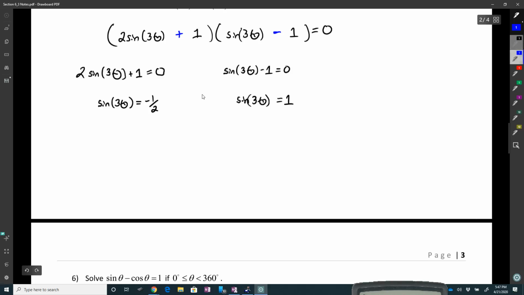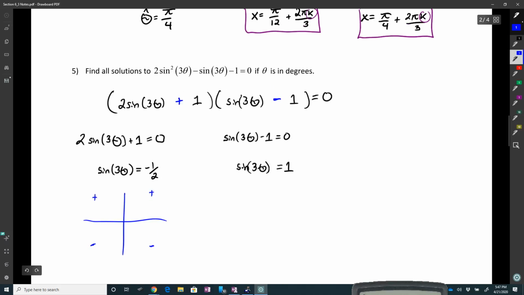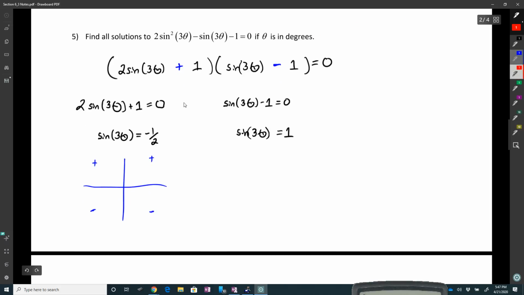All right, so let's go ahead and look at our answers here. So sine is 1/2 at, are we in degrees? Yeah, degrees. 30 degrees. So it's going to be 30 degrees this way, because it's negative. 30 degrees this way. Where the other one is 1. And where does sine equal 1?